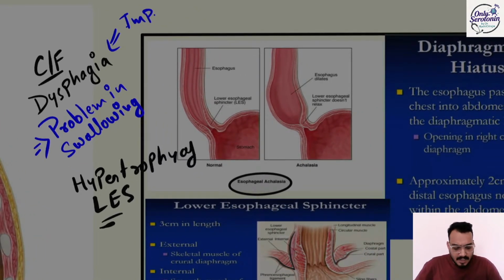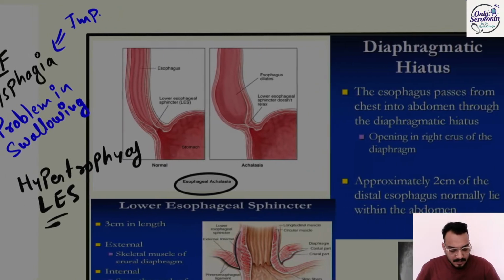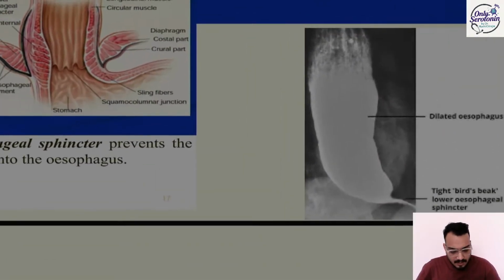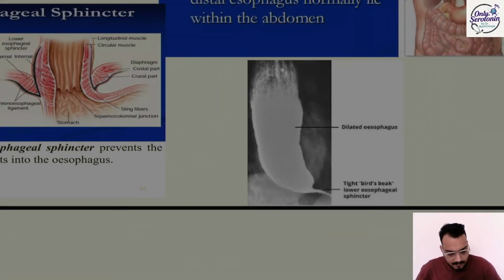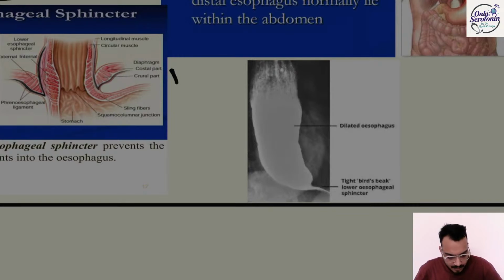Now, the patient is presenting with this kind of complaint. What are you going to do with this patient, guys? You are going to diagnose, or confirm your diagnosis, with a test, and that test is known as barium swallow. What is barium swallow, guys?